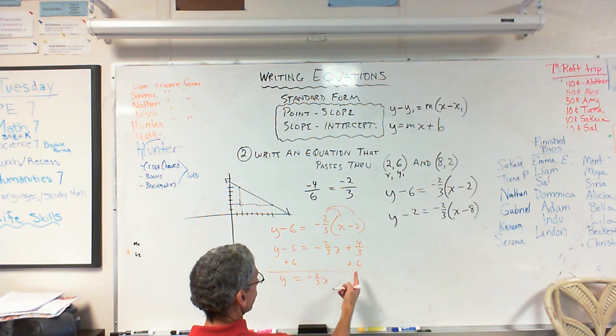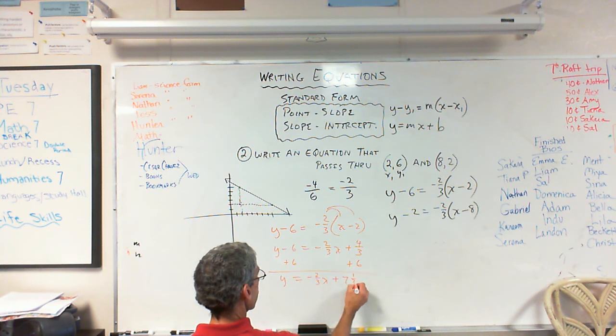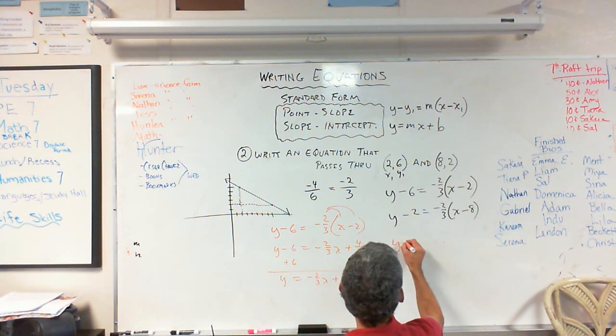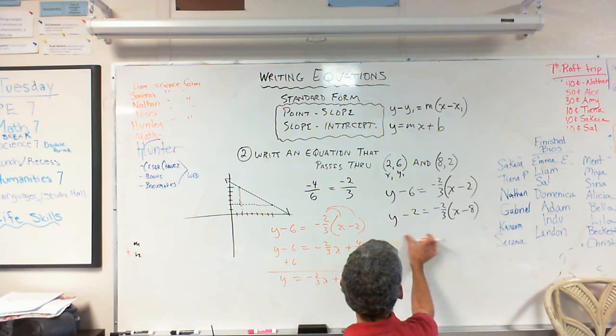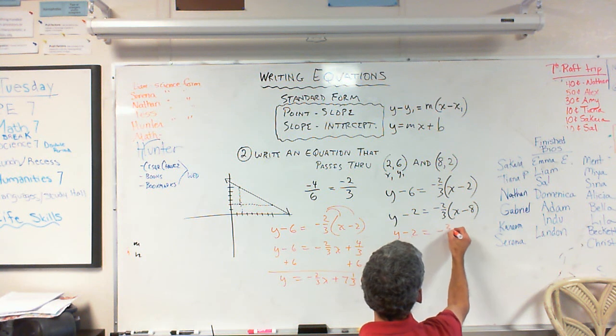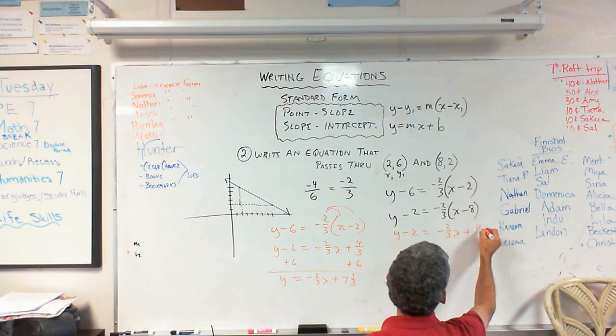So 6 plus 4/3 is 7 1/3. So plus 7 1/3. All right, that was this one. Let's try this one. y minus 2 is equal to negative 2/3 x plus 16/3.